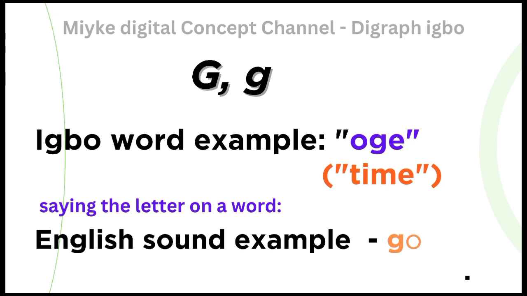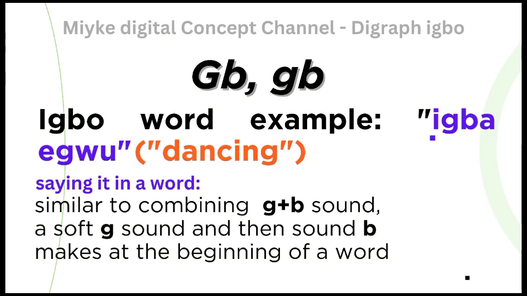That is G, go. Now we are talking about B, which is part of this digraph in the Igbo language, G and B. What can denote it is Egbe, Ewu, which means dancing.